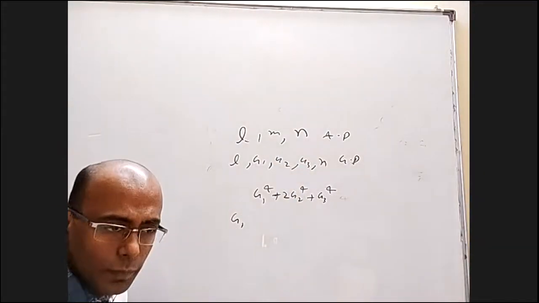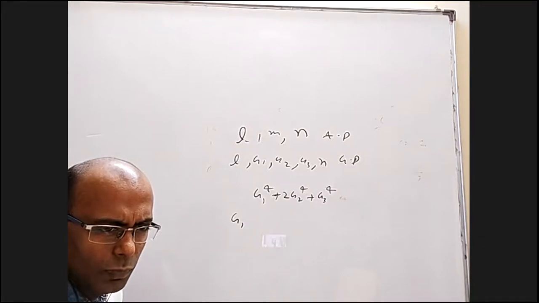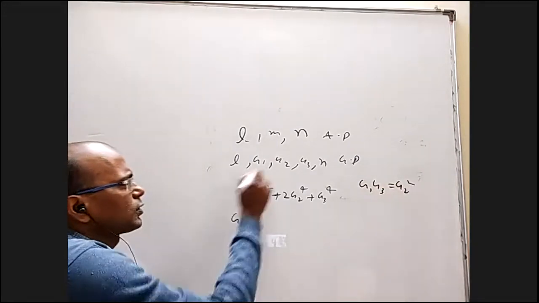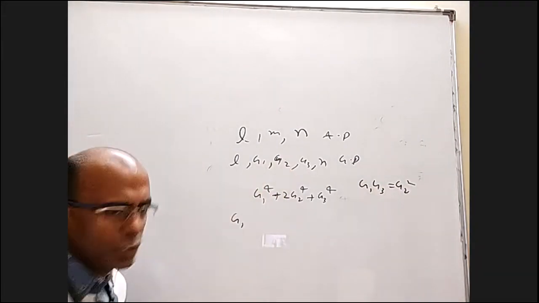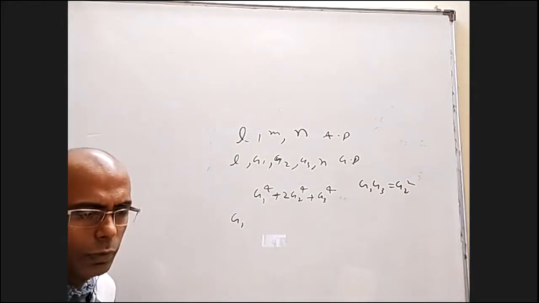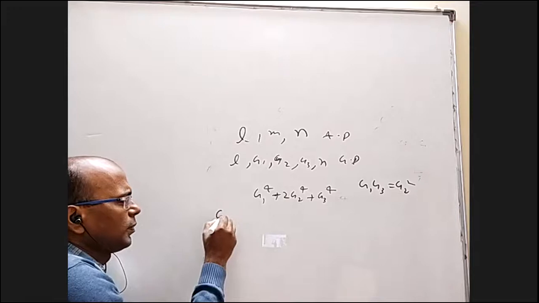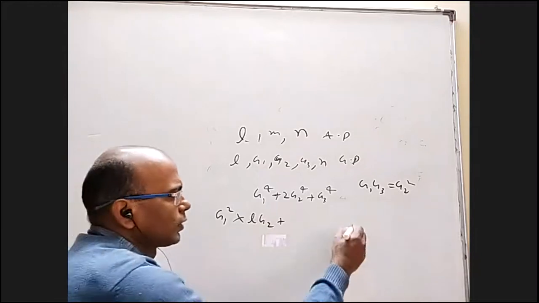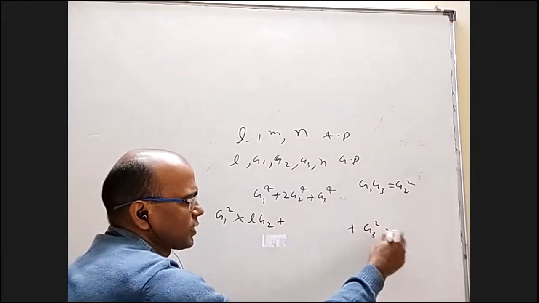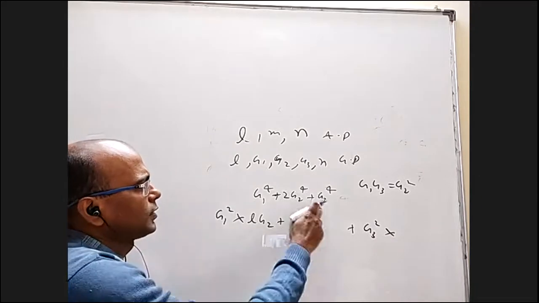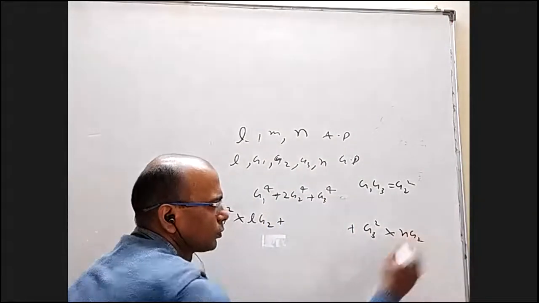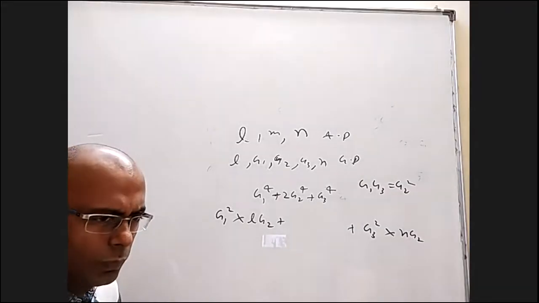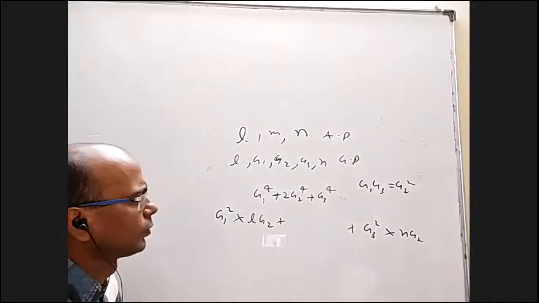G1 G3 is equal to G2 square, sir. Yes, we know G1 G3 is G2 square. We also know L into G2 can be written as G1 square. So I can keep one G1 square as it is, and the other G1 square I can write as L G2. Similarly, in G3 power 4, one G3 square as it is, and the other G3 square I can write as N G2.